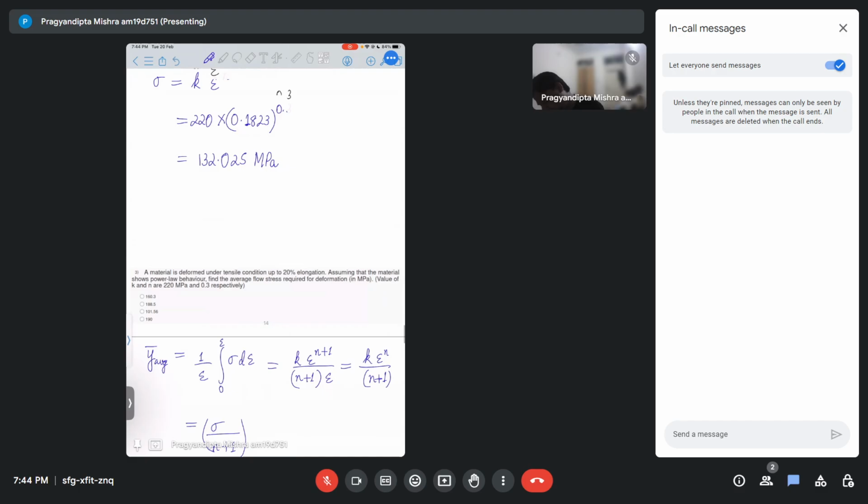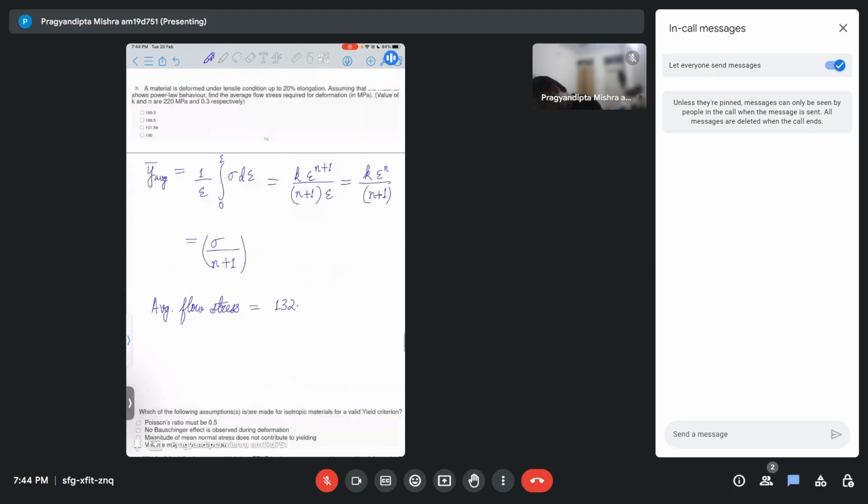So your average flow stress is 132.03, the previous question's answer, divided by n plus 1. So n is 0.3, plus 1. Let us calculate.